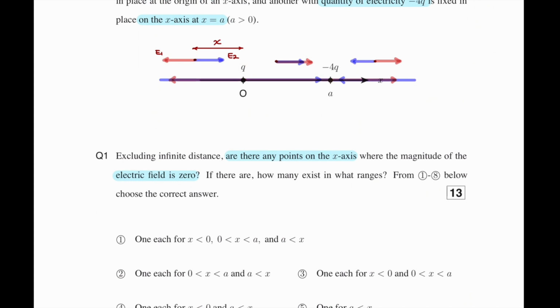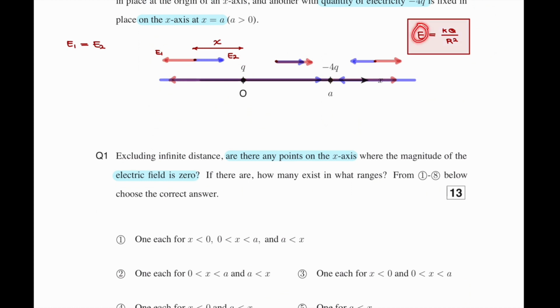For the electric field to become zero, E1 must equal E2. The formula of electric field is kQ over r squared. This is the formula to calculate electric field.